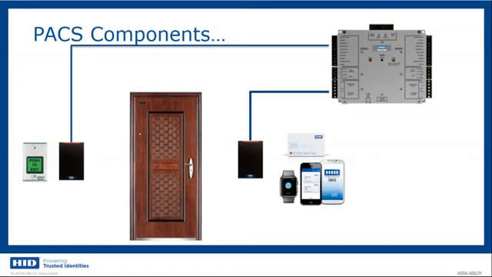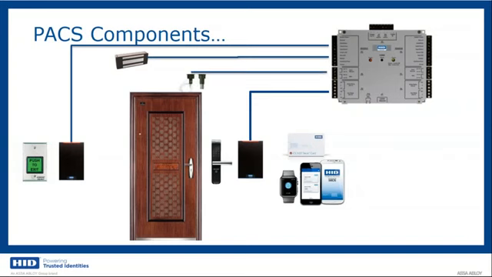They can also have other components such as request-to-exit buttons and sensors, and they will send an electrical pulse to the magnetic lock or electric strike that will open the door and guarantee the access to the building or our facilities, okay?